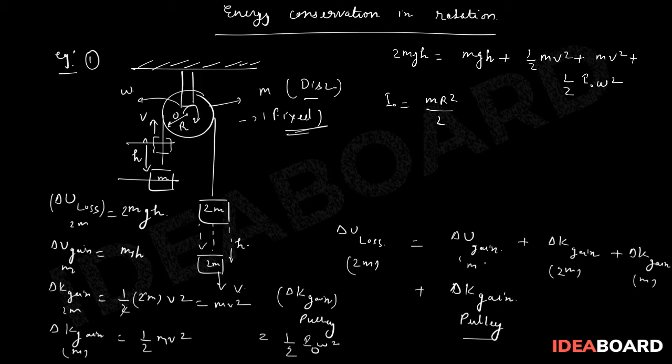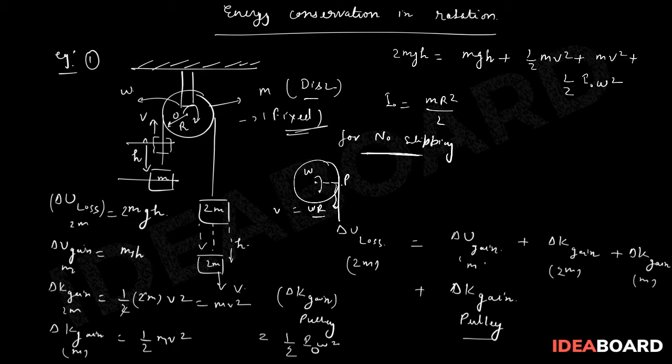And they have said that there is no slipping. For no slipping between the rope and the pulley, so if you draw, this is the pulley, so this pulley is rotating with angular velocity omega. So this point P will be having velocity omega into r because of the rotation, right?